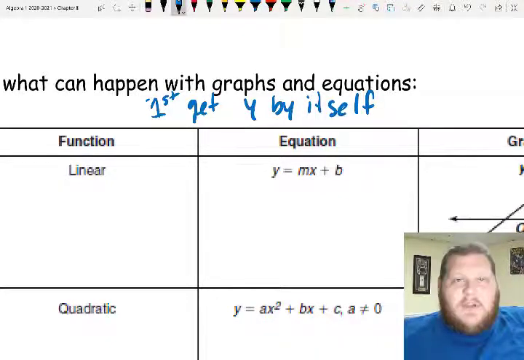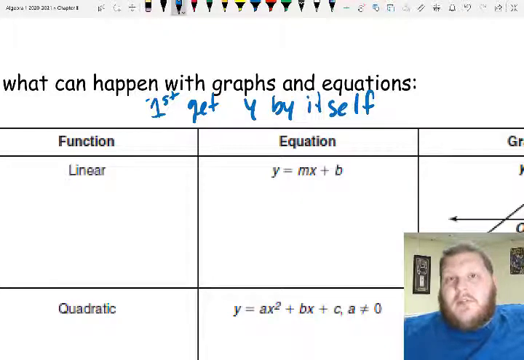Because before you can say yes, it's linear, or no, it's not linear, you have to have y all the way by itself, which is where that early chapter 1 skill comes in, where we were solving those literal equations and rearranging for y. That's where they come back in here. That's why I felt they were so important back in chapter 1, even though they were so different from what we were doing. Now we're seeing it come back for us.